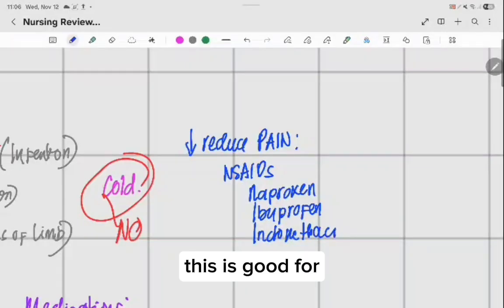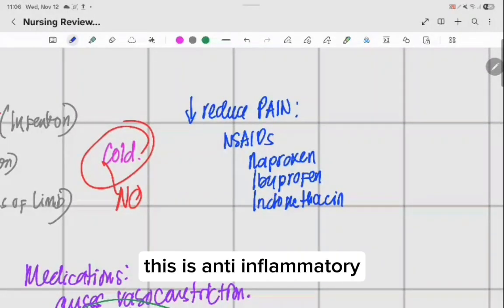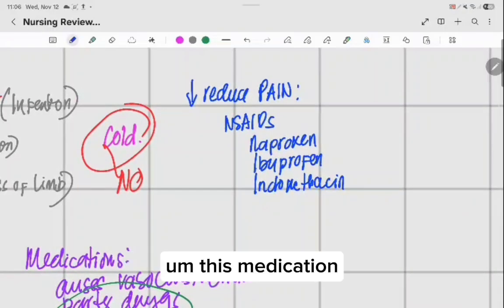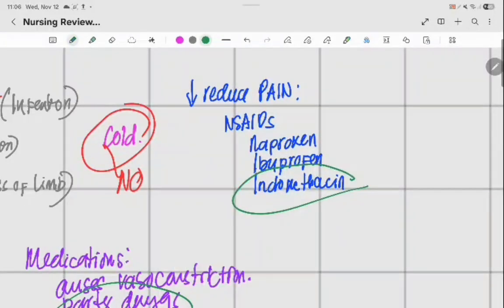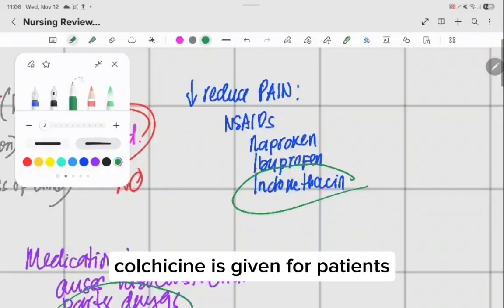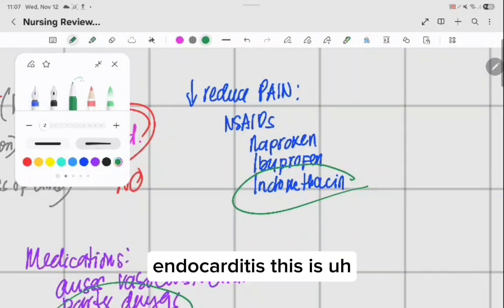This is good for inflammation. This is anti-inflammatory. So this is usually given for arthritis, this medication, indomethacin. So that's why colchicine is also given. Colchicine is given for patients with endocarditis.